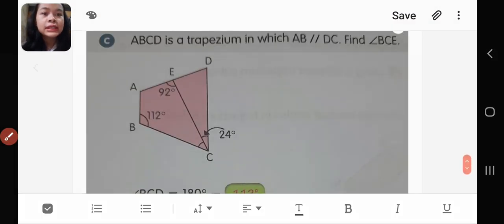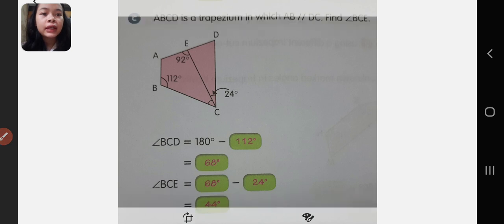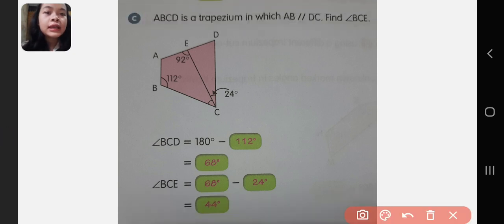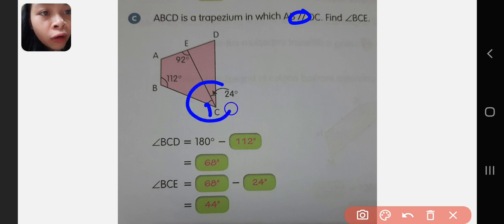Now C. ABCD is a trapezium in which AB is parallel with DC. Find BCE, this little part. How to find it? So easy. We need to find all of this first and then minus it with 24 degrees. How to find BCD then?